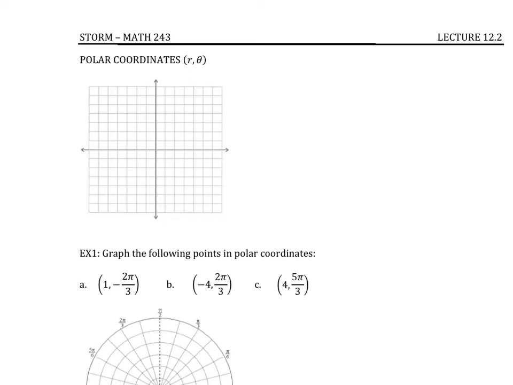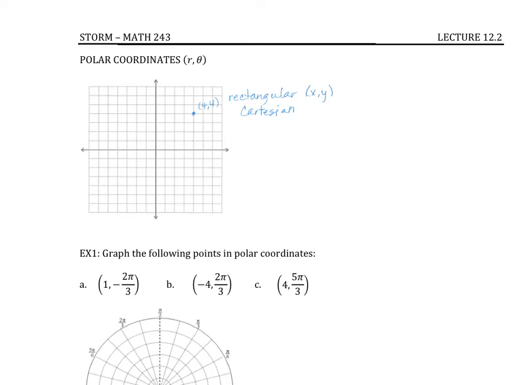If we look at this rectangular coordinate system, and let's say that we were going to graph the point 4, 4. That would be this point here. Remember, this is in Cartesian or rectangular form, and the movement is linear.